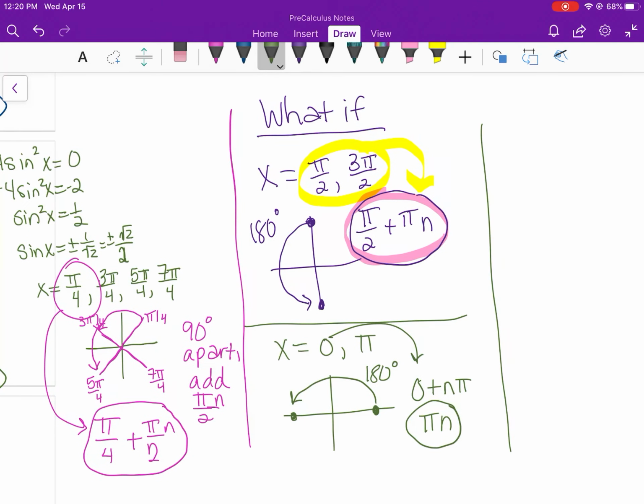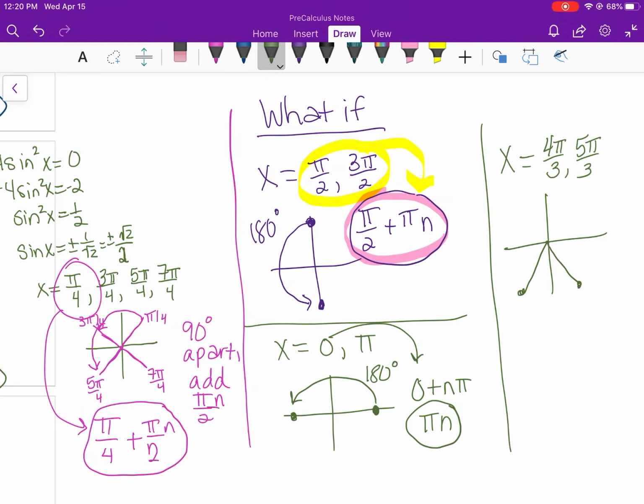And let's just rehash what happens when they're not 90 degrees apart or 180 apart. So for example, let's say that I had answers of 4 pi over 3 and 5 pi over 3. 4 pi over 3 would be here, and 5 pi over 3 would be here.